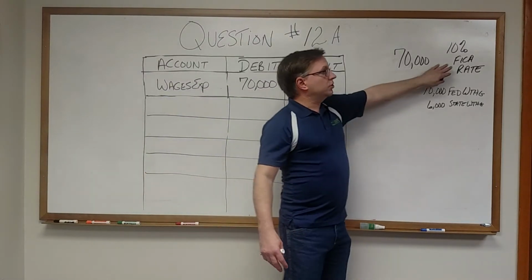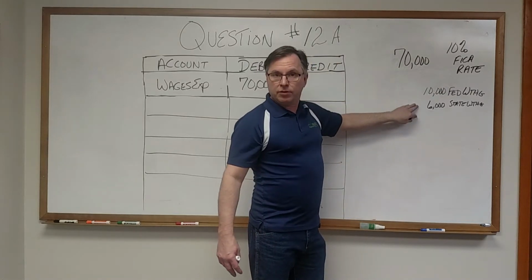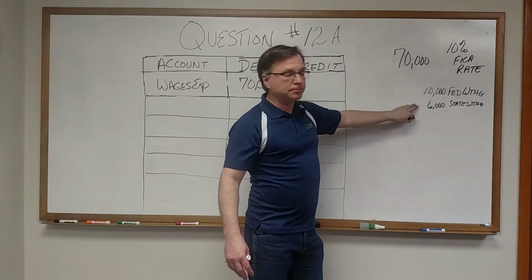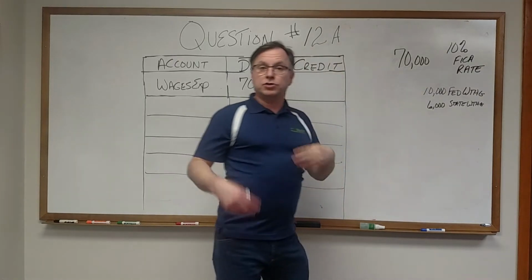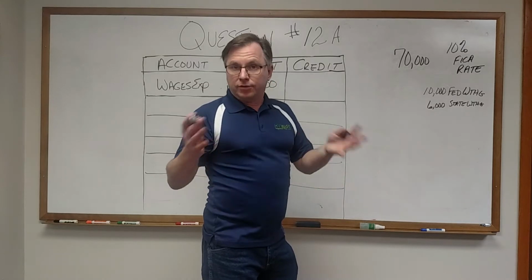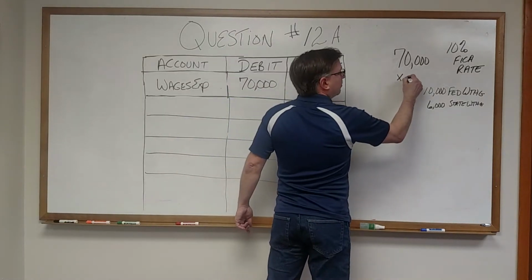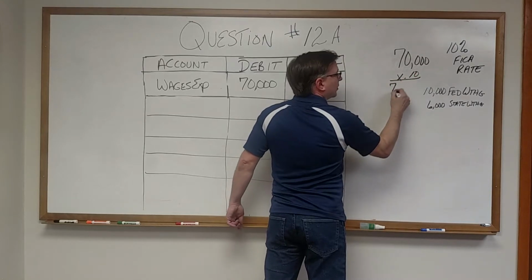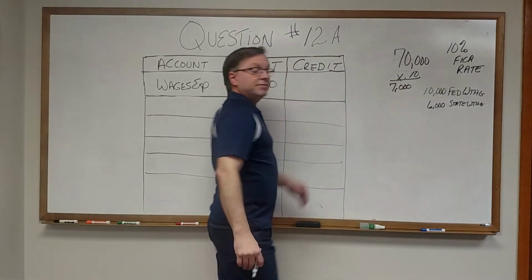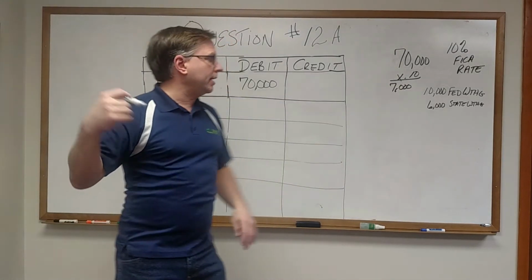And that includes our Social Security or FICA, and our federal withholdings and state withholdings, which were listed in the problem. So let's start with the FICA or Social Security rate. In this problem, we've made the rate, for ease of calculation, 10%. So we multiply that by 10% and come up with $7,000 of that $70,000 needs to go to the government, not the employee.